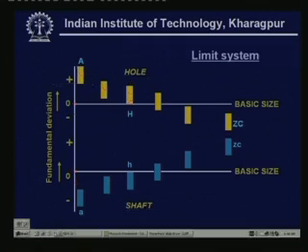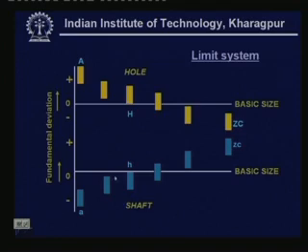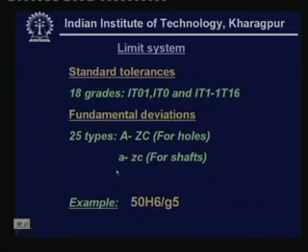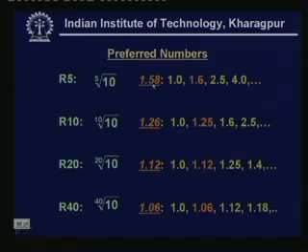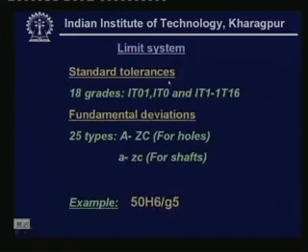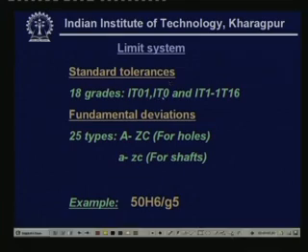Now, just before considering this one, let us have a look at what the limit system refers to. The standard tolerances are about 18 grades, which are referred to as IT01, IT0 and IT1 to IT16.